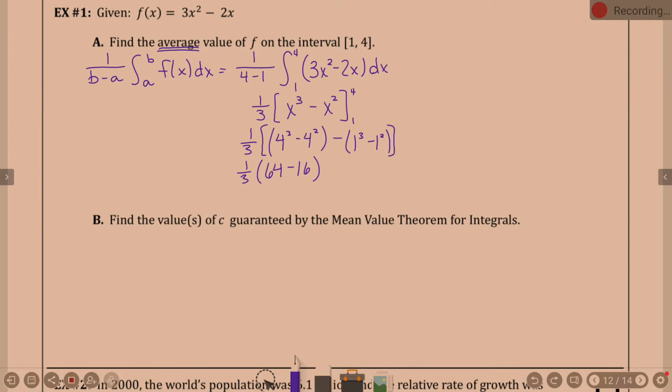So 64 minus 16 is 48, I think. I'm agreeing with my answer key. And then what is a third of 48? 16.